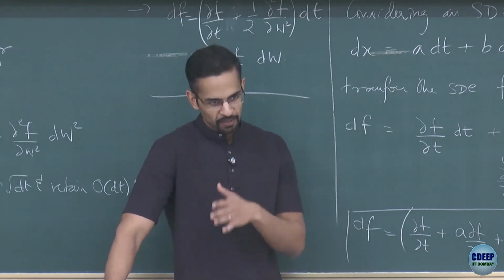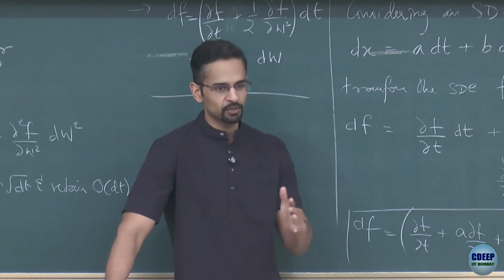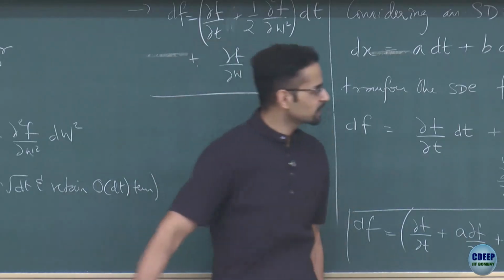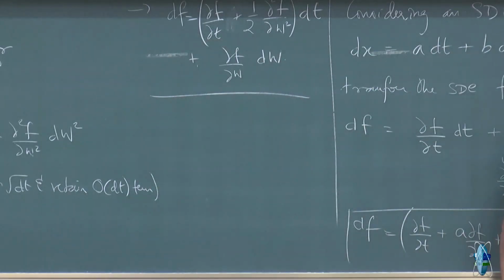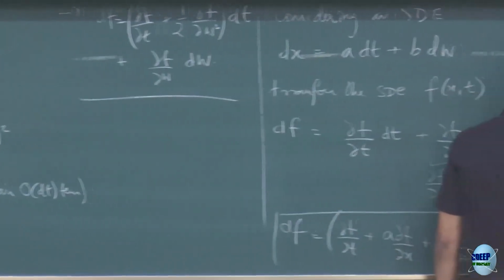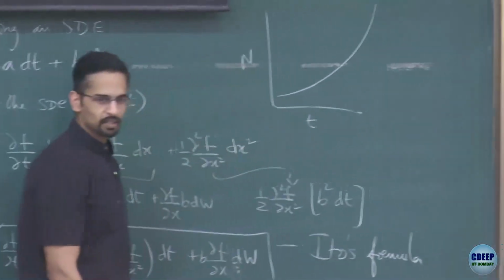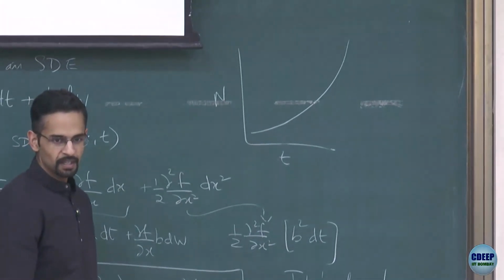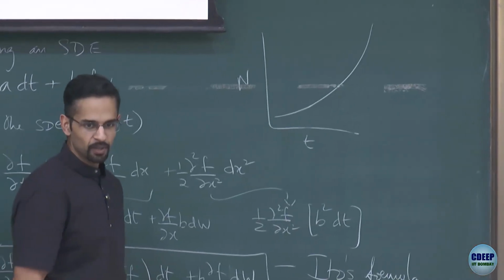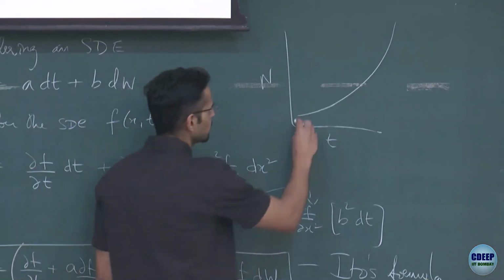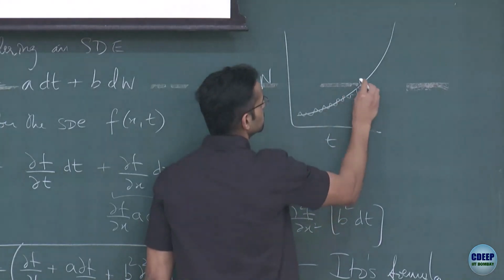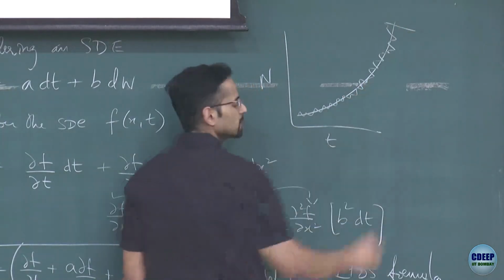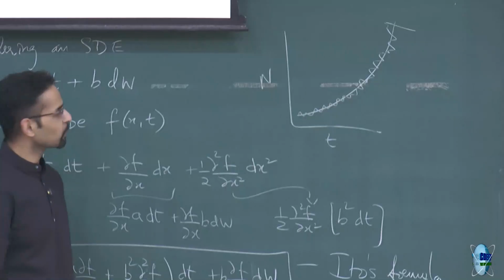So now you can always say, okay, but in reality there will be fluctuations, I will never see a perfect curve. So if I look at the number of some population with time and I have some exponential growth predicted by a deterministic model, I can do an SDE type model where I put some noise, and that will give me some result like this. So what is the point of doing this?